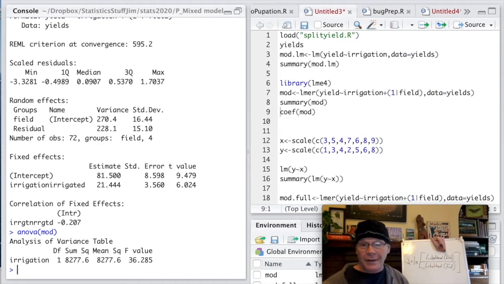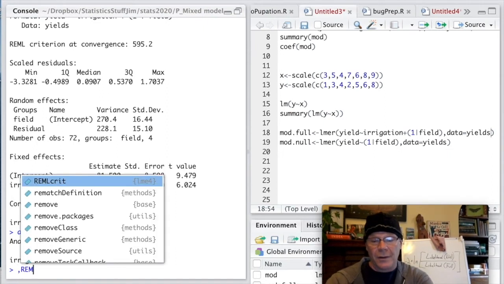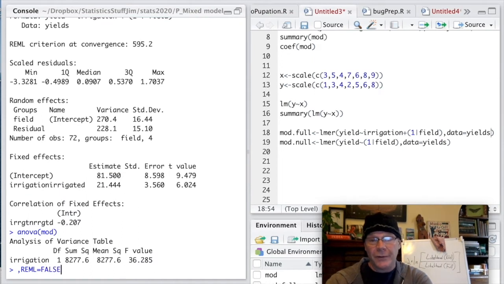And so if we wanted to compare those two, we can take these two models. So here I have the mod full and I have the mod null. Since we're going to be extracting the likelihoods out of that, we can go ahead and say REML equals false. Come on, get it together.